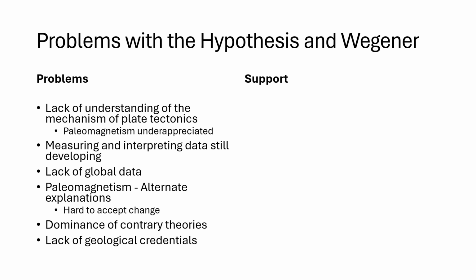Well, what support finally turned the tides and completely made continental drift a scientific theory and the widely accepted explanation of this geologic process today? Well, you had lots of advancements in understanding paleomagnetism.